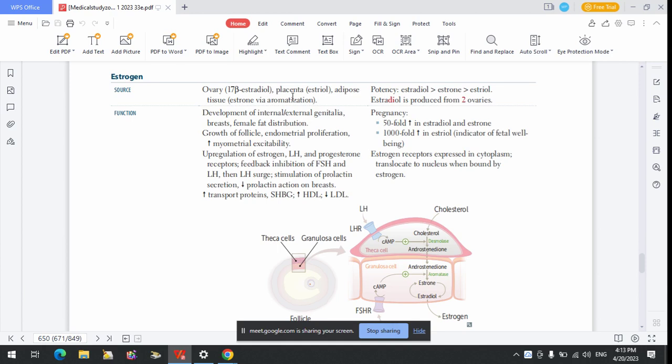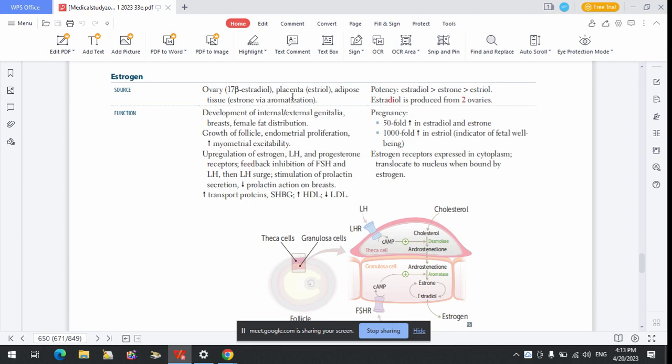At the same time, estrogen is also important in development of the secondary sexual characteristics in females. You want to achieve fat distribution in the right places, maybe around the hips, and development of the breast. I don't want to say development of the pubic hair and the axillary hair, because that one is actually a function of testosterone.